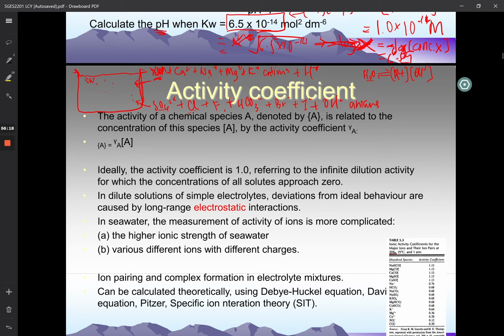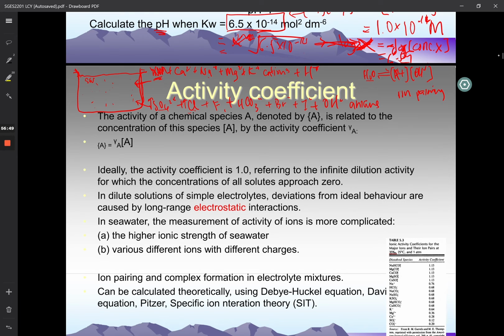And because of the high concentrations of these minerals or elements in seawater, you have very high sodium and chloride, and it is so concentrated that you have some ion pairing happening.